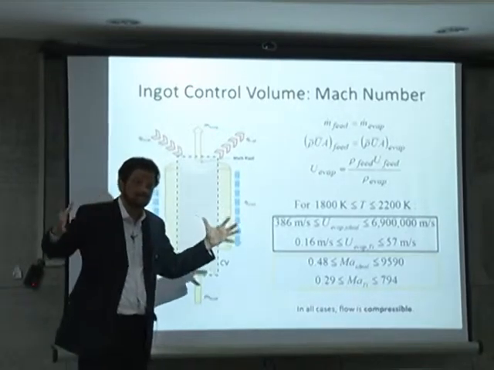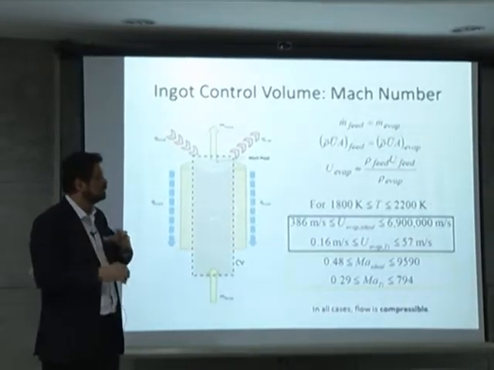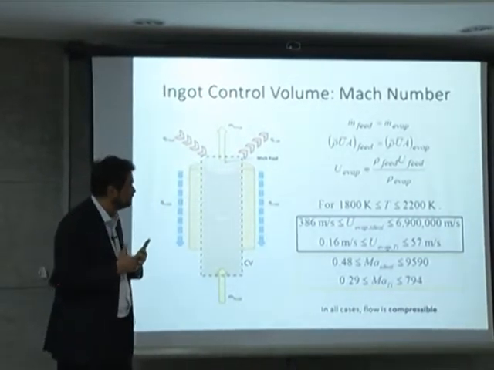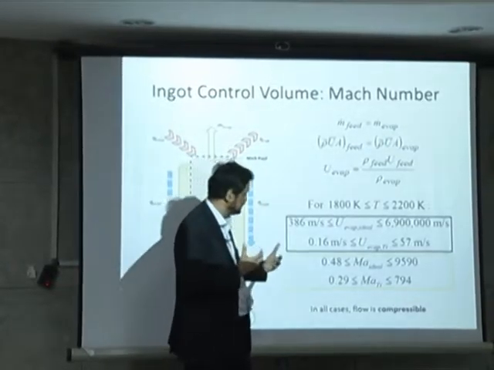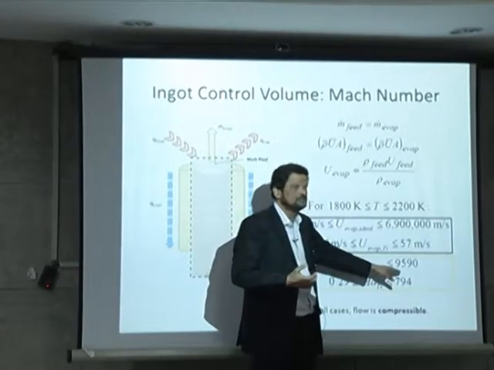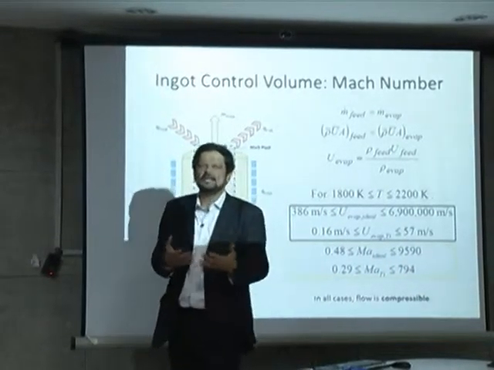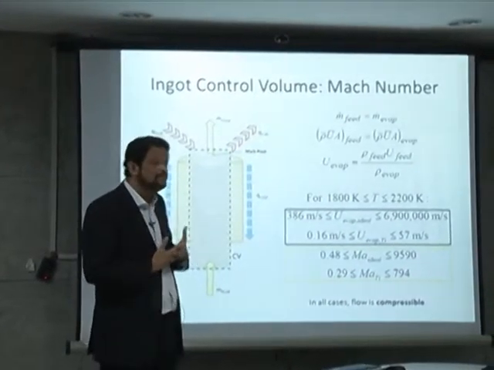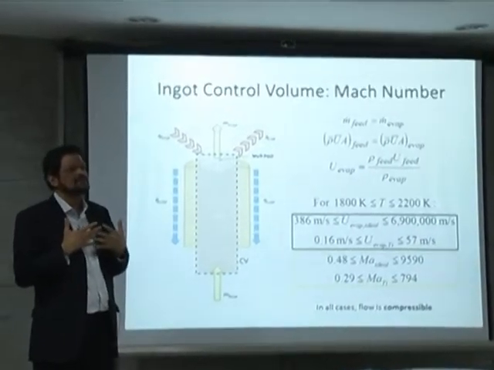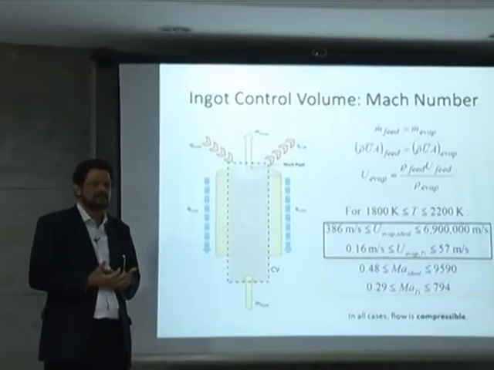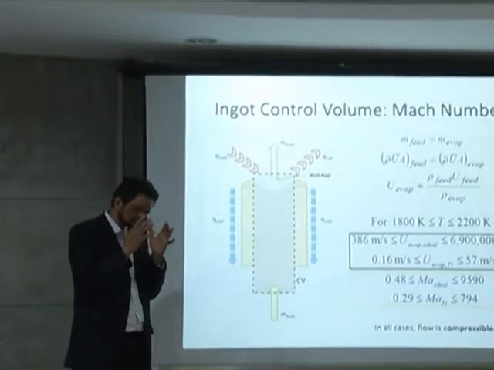In rarefied flows, the Mach number definition changes quite a bit. In fact, in our Mach number calculation, the Mach number goes to almost 10,000, 9,000, which is very unrealistic behavior of material. In fact, the Mach number definition does not really apply in that region.